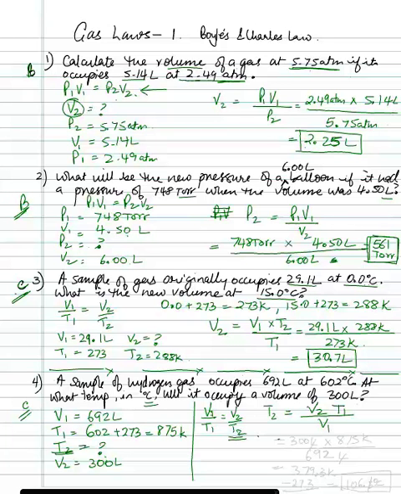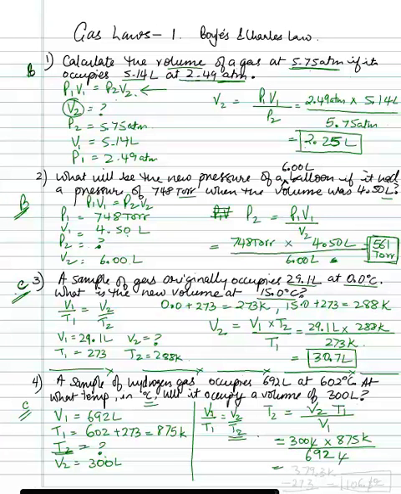Now volume 2 is 300 liters, and the first temperature is 875 Kelvin, divided by the first volume, which was 692 liters.